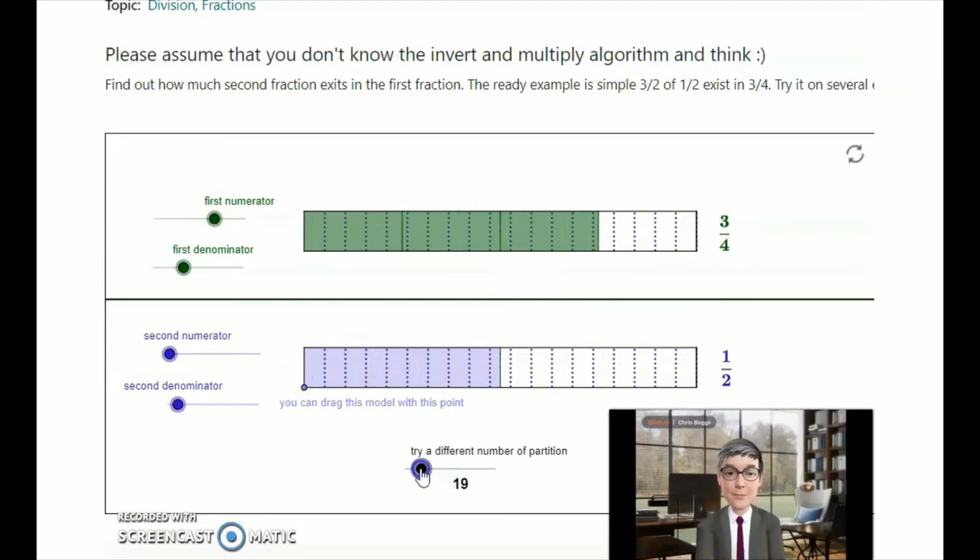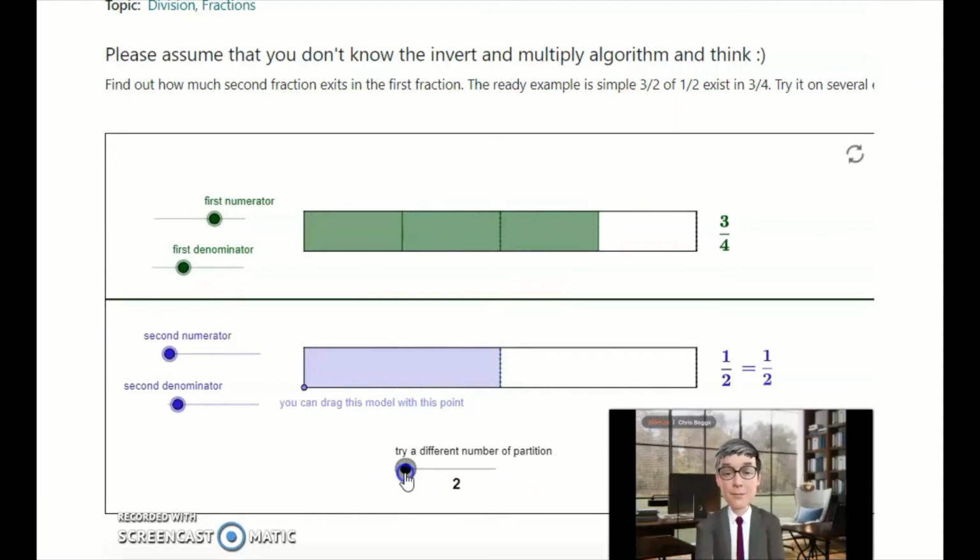Splitting that up into 4. Then we can see that we get 1, 2, and a half of these in here. And these are half of a half, these are quarters, so I'm getting 3 halves of a half in 3/4.